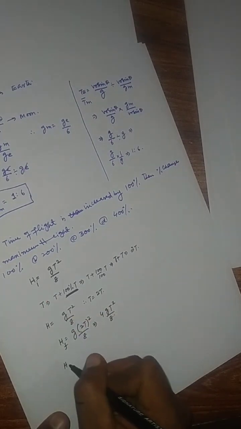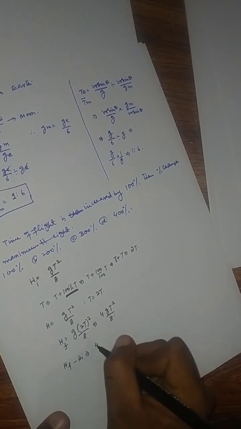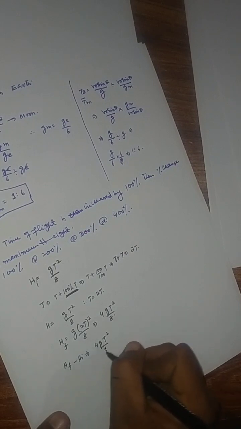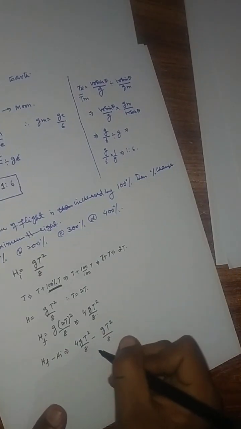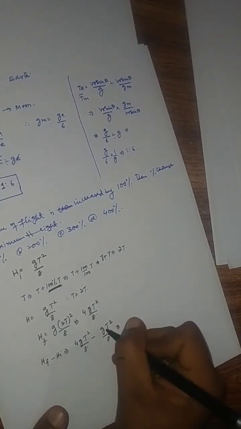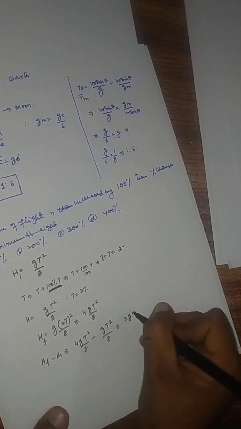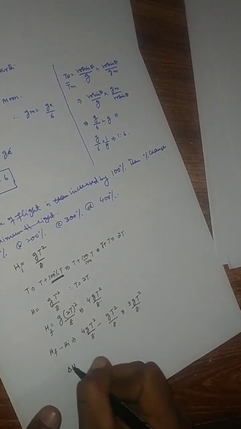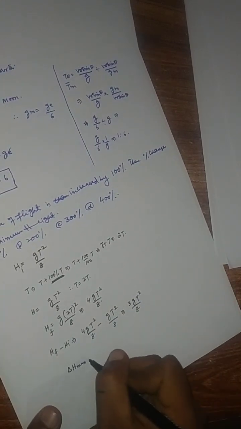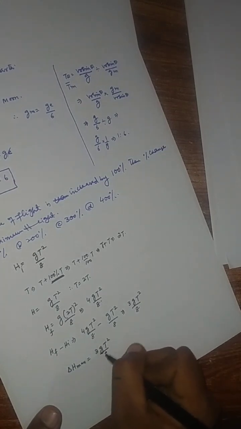So change is final minus initial, equals 4 g t square over 8 minus initial g t square over 8. So this is 4, this is 1, this becomes 3 g t square over 8.